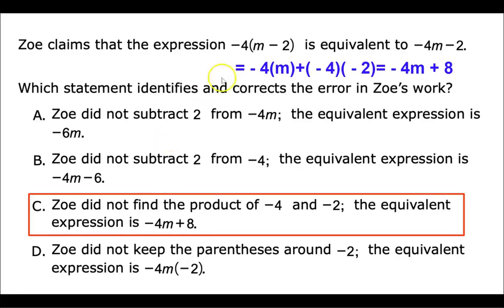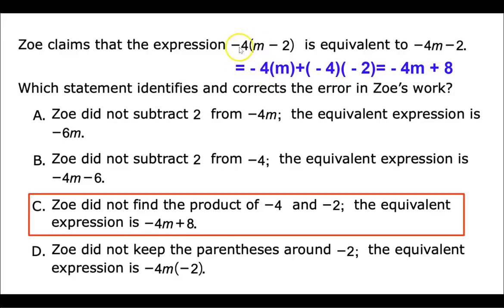So how do you properly find the equivalent of -4 times, within the parentheses, m minus 2? For that -4, you have to use the distributive property. So you multiply -4 times m, which we have right here that we're setting up.